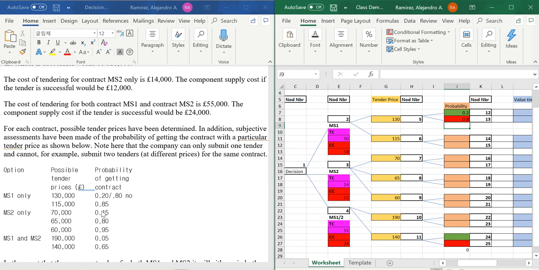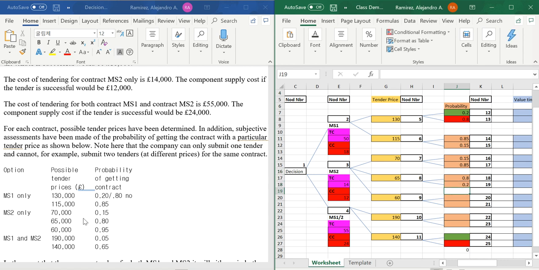So let's go for the next one. So 0.85, it may happen. 0.15, it may not happen. And then we have 70: 0.15 may happen, 0.85 it may not happen. That was 70. Then 65: 0.80 may happen, 0.20 may not happen.